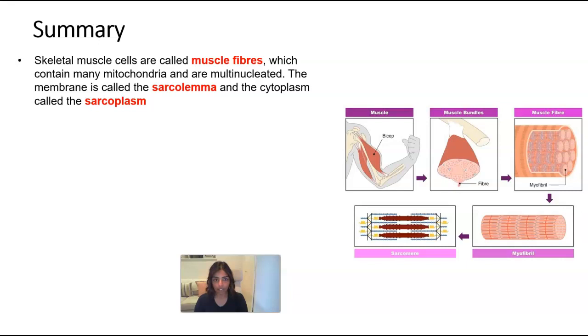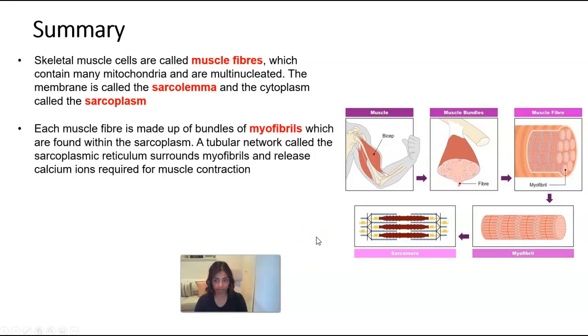The membrane surrounding muscle cells is called the sarcolemma, and the cytoplasm of skeletal muscles is called the sarcoplasm. We also know that each muscle fiber is made up of smaller units called myofibrils, which are found within the sarcoplasm. That's the skeletal muscle cytoplasm. And they're surrounded by a tubular network of sarcoplasmic reticulum. Now, those sarcoplasmic reticulum will release calcium ions as required for skeletal muscle contraction.